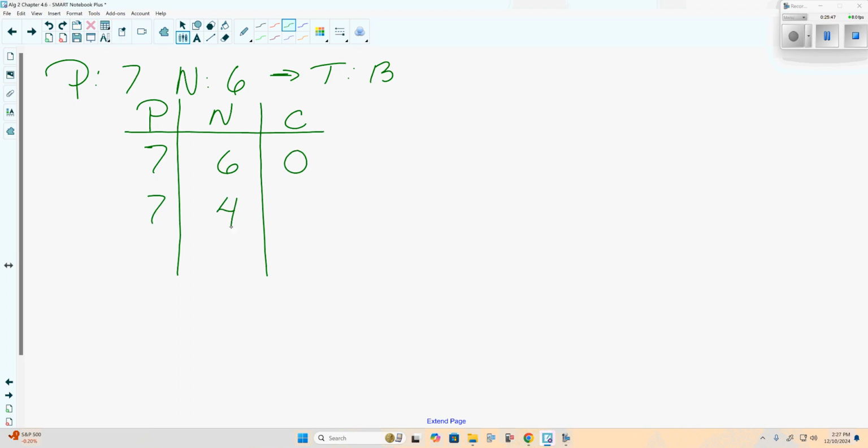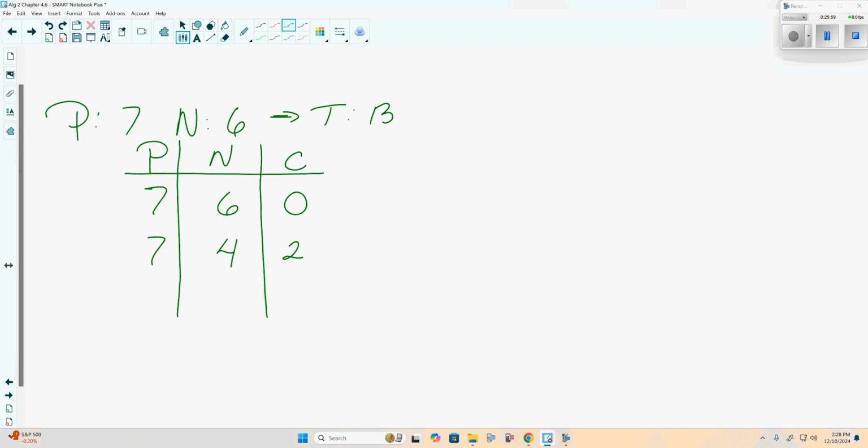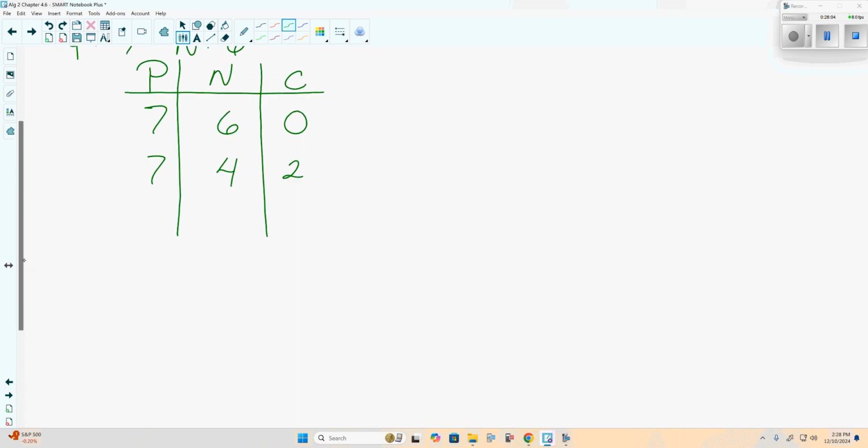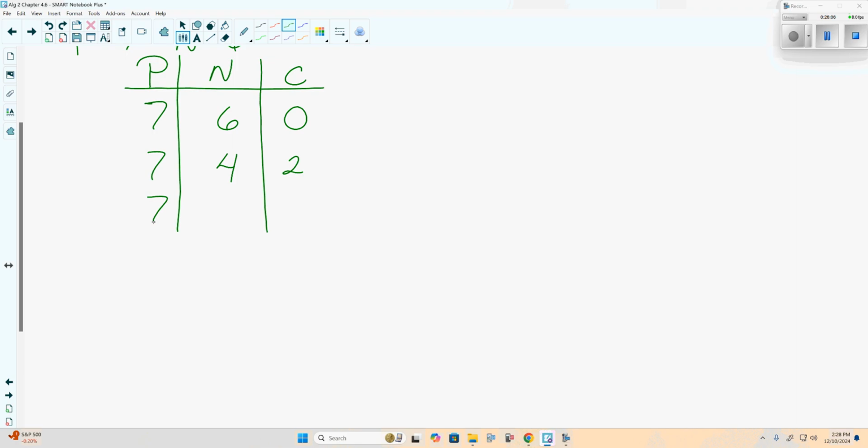Or we could have 7 positives and 4, because I'm taking the other option for our negatives. Yes? 7, 4 is 11, so we're missing 2. Or instead of this, we could have 7 positives, 2 negatives, and 4 complex.